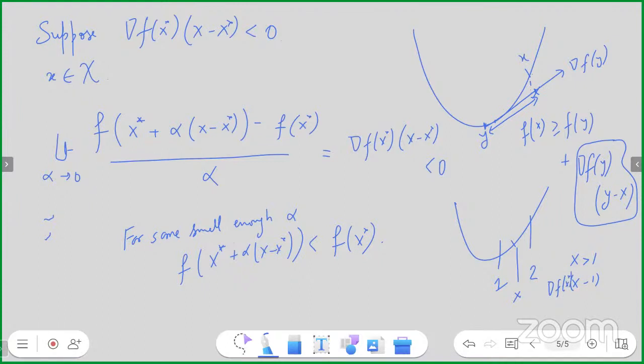What is x star? The slope at... we have a function which is x squared. Then 2x, so 2 times x minus 1. Suppose there exists an x for which this is less than 0. Does it even exist as a question? Not in this way.